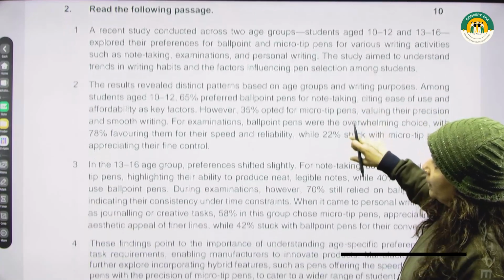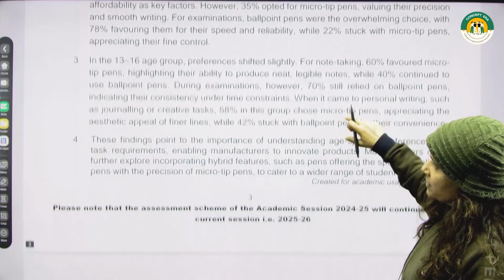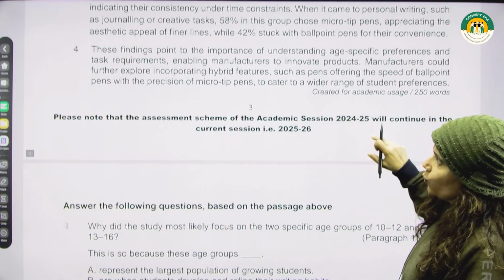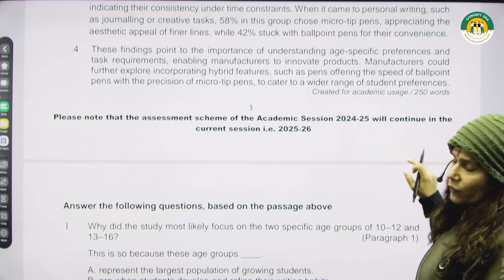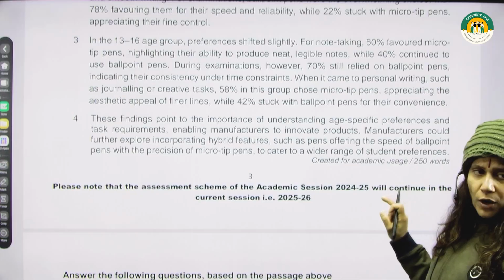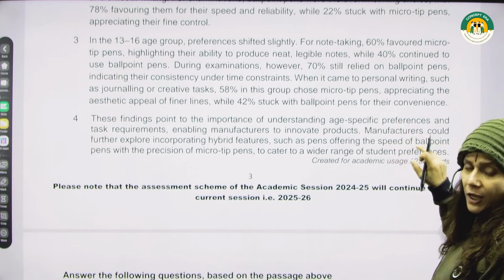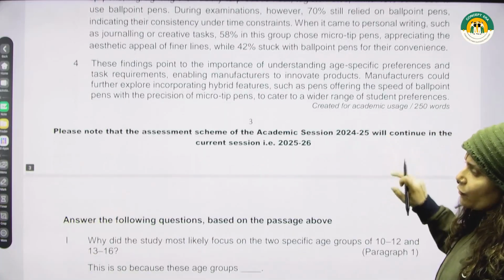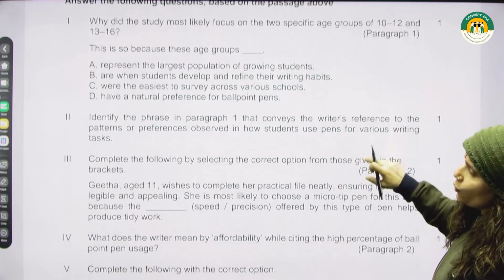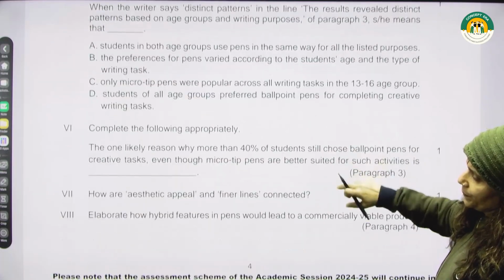The word limit of question number 2 is not 400 to 450 words; here the word limit is 200 to 250 words. The number of questions given here is 9.